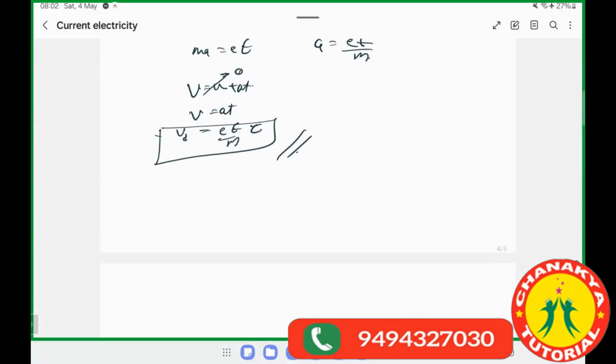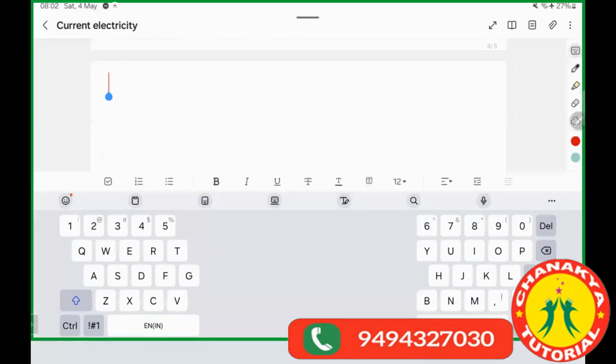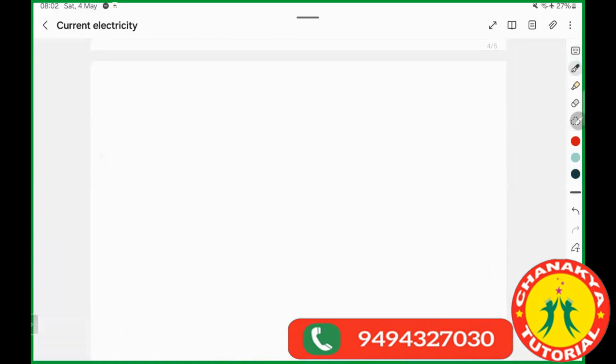So we discussed this one, right? Drift velocity. So now we'll see here the relation between all these three: current, current density, and drift velocity.